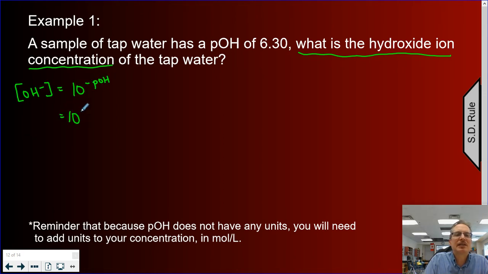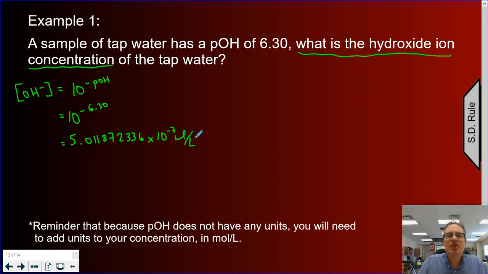So 10 to the negative 6.30. So type that in my calculator, 6.30. And my number works out to be 5.011872336 times 10 to the negative 7 moles per liter.